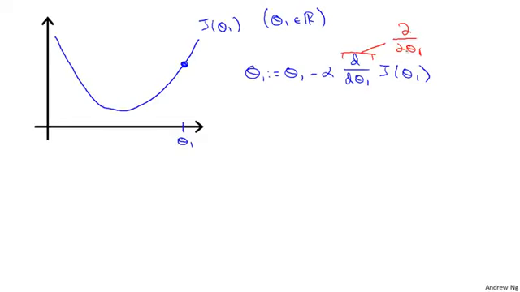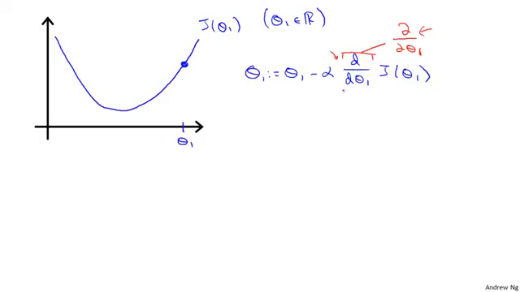Technically, in mathematics, we call this a partial derivative and this a derivative, depending on the number of parameters in the function J. But that's a mathematical technicality. For the purpose of this lecture, think of these partial symbols and d/d theta 1 as exactly the same thing. I'm going to try to use the mathematically precise notation, but for our purposes, these two notations are really the same thing.